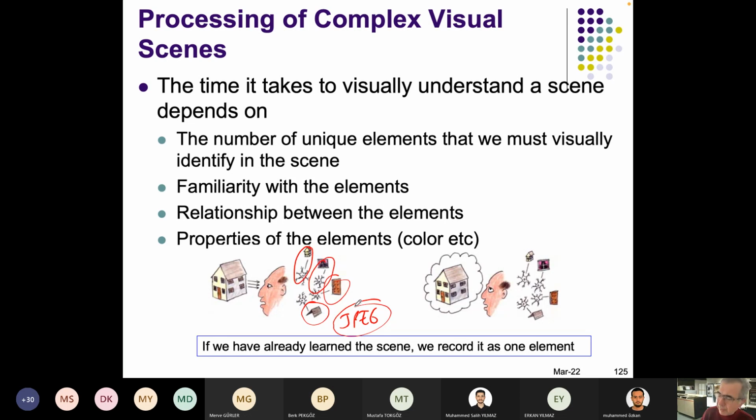And when you remember, you don't remember the picture of the house, JPEG. Rather, you remember certain bits with different weights. At the end, you say that, okay, it was the house.